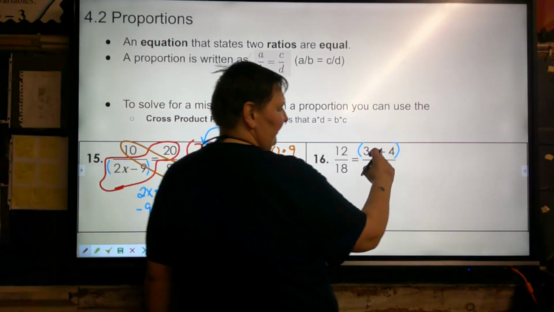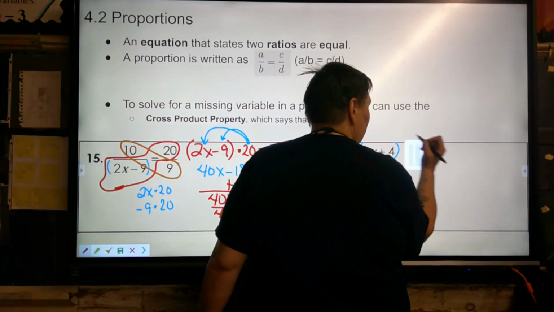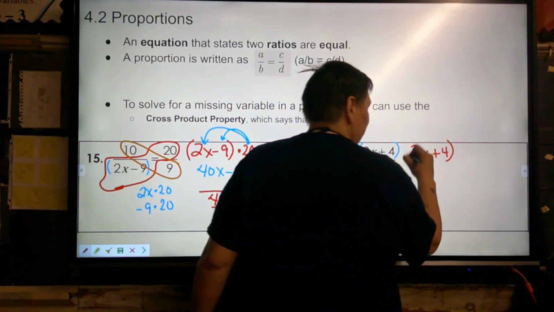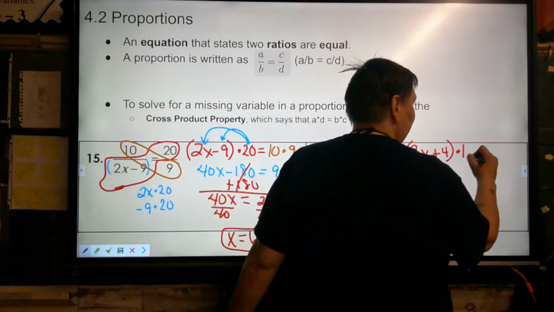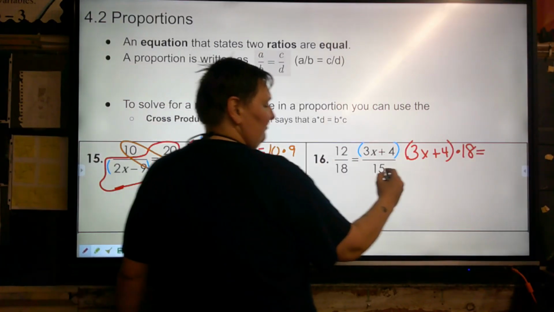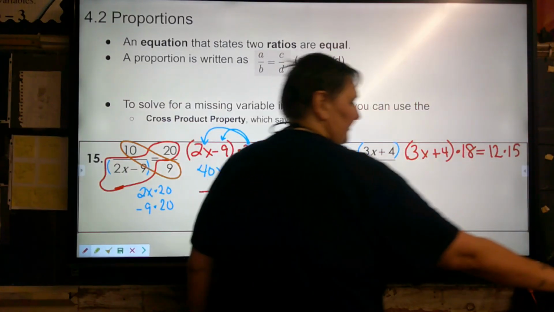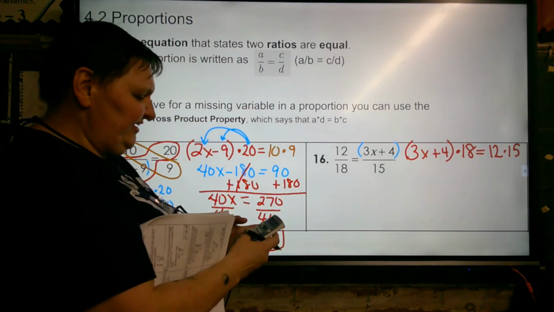Let's start with this one again, because I like my variables. 3x plus 4. Don't lose the parentheses until you're done with them. Times 18 equals 12 times 15. I'm glad we're using a calculator. So what is 3x times 18?